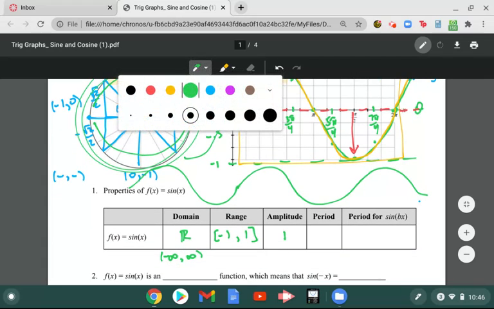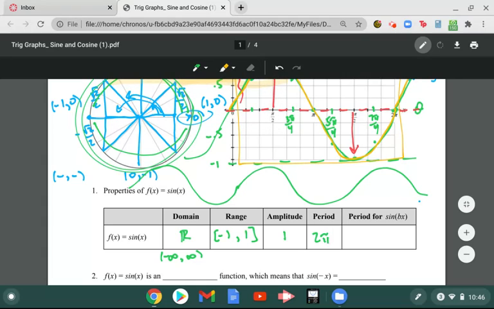So we say that this is 2 pi periodic, or we have a period of 2 pi. If we happen to have a b that was multiplying by the x, that would be a horizontal stretch or compression. We would adjust that period by dividing by whatever that multiplier was. So the period for a transformed sine function, you're just going to take 2 pi, which is the original period, and divide by whatever that multiplier b is.